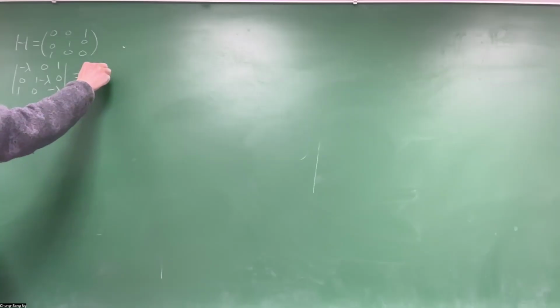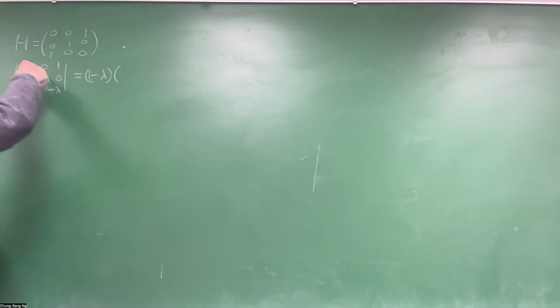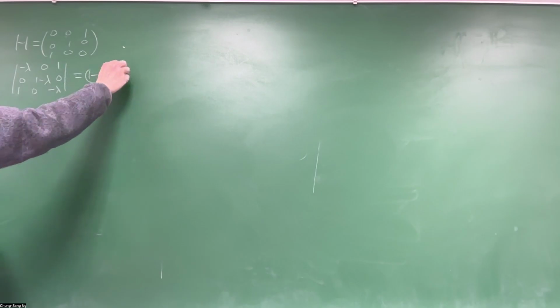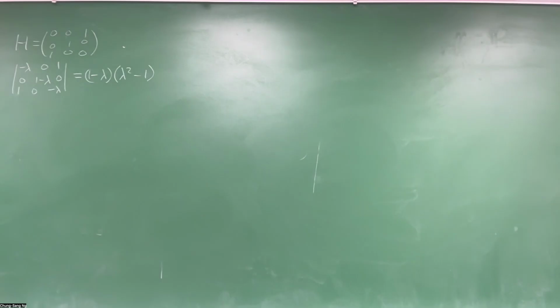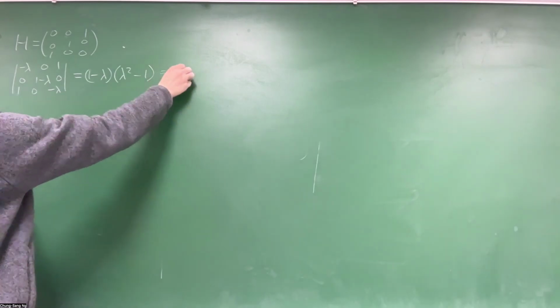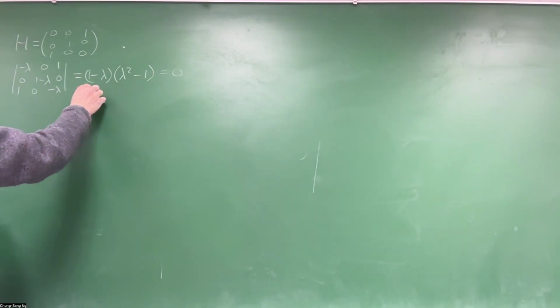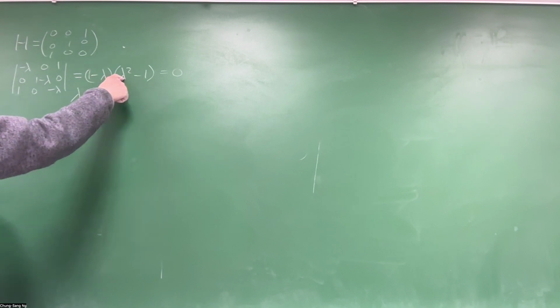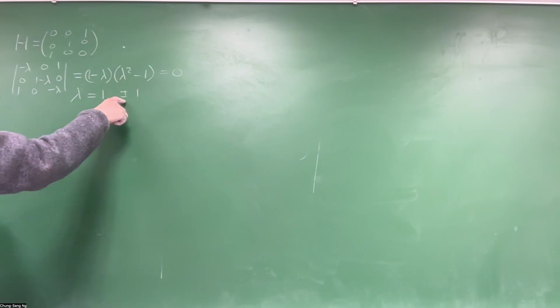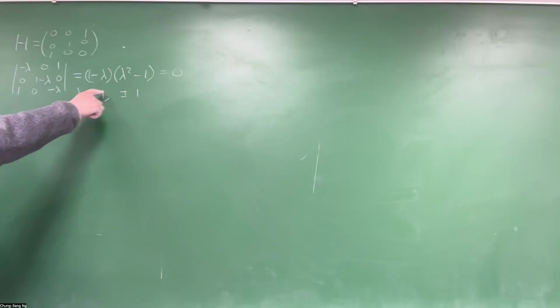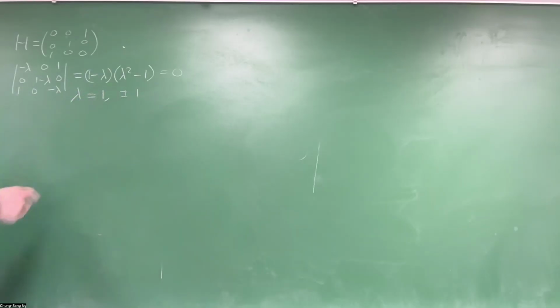So it's minus lambda times lambda squared minus 1. Right? That's the determinant. You can see that the 3 eigenvalues are 1, then plus 1 and minus 1. Two eigenvalues are the same, so there's 1 and 1 that are the same. Right?